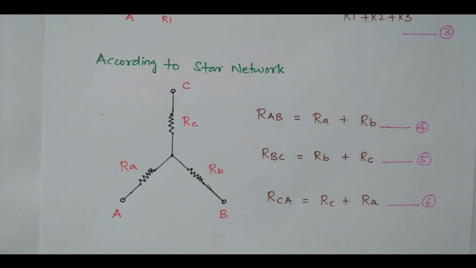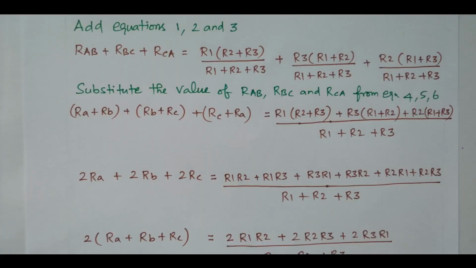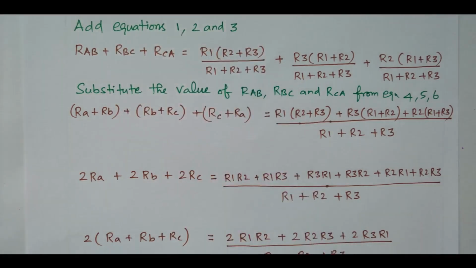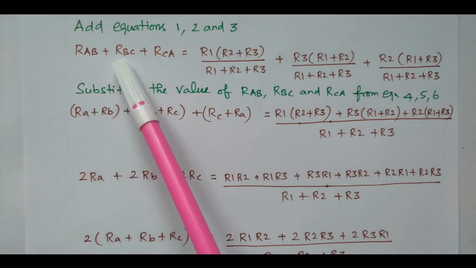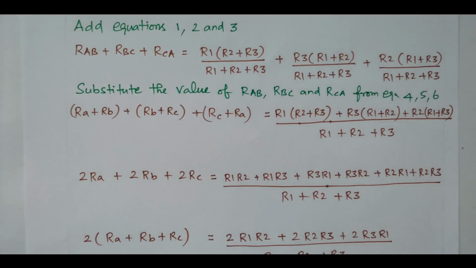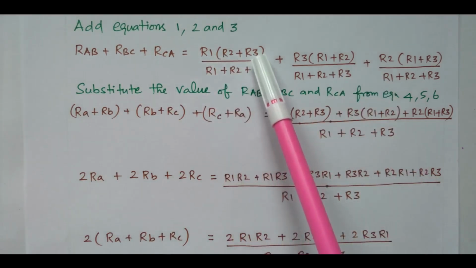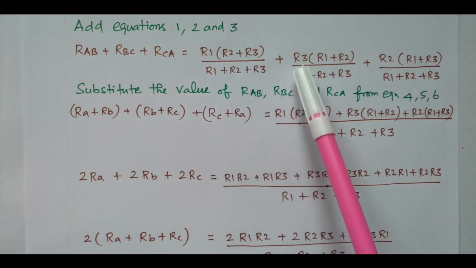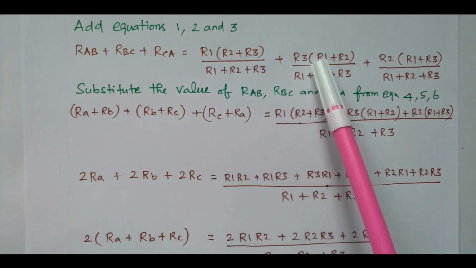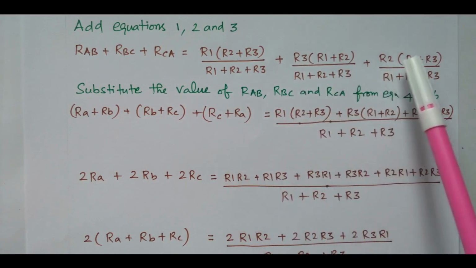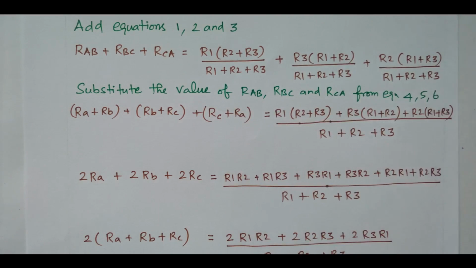Now we'll go for further simplification. In order to convert, we are adding equations 1, 2 and 3. What are equations 1, 2 and 3? In the delta network, RAB plus RBC plus RCA. On the other side, what do we have? R1 into R2 plus R3 divided by the total resistance, plus R3 into R1 plus R2 divided by the total resistance, plus R2 into R1 plus R3 divided by the total resistance.